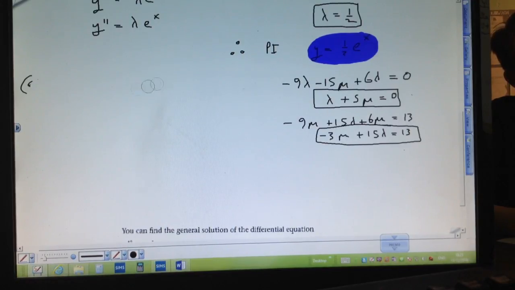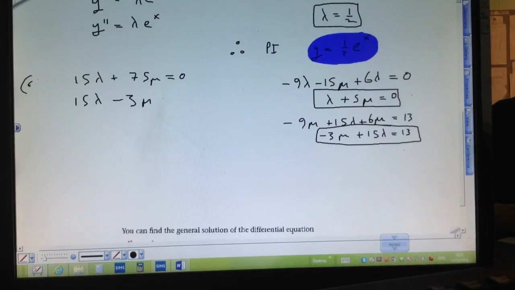Take that back. I'm going to times this by 15 to give you 15 lambda plus 75 mu is equal to 0. And turning this round, I've got 15 mu minus 3, sorry, lambda minus 3 mu equals 13.